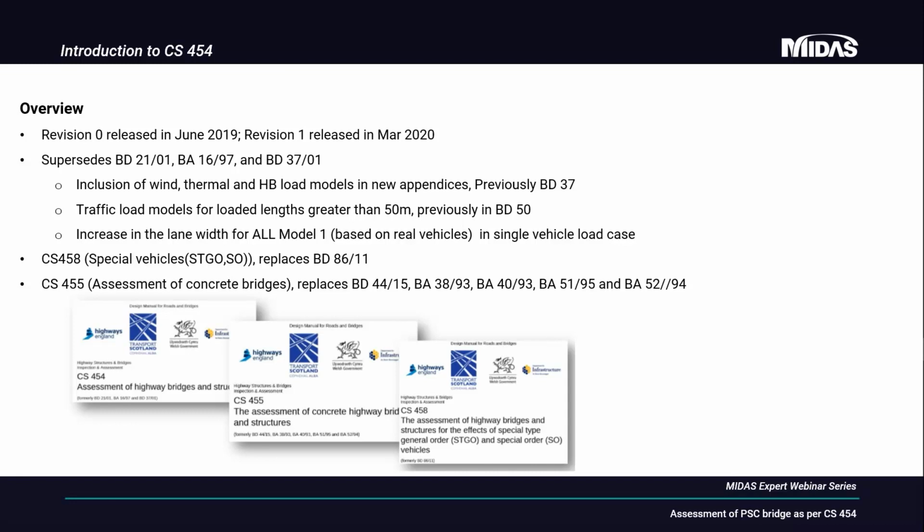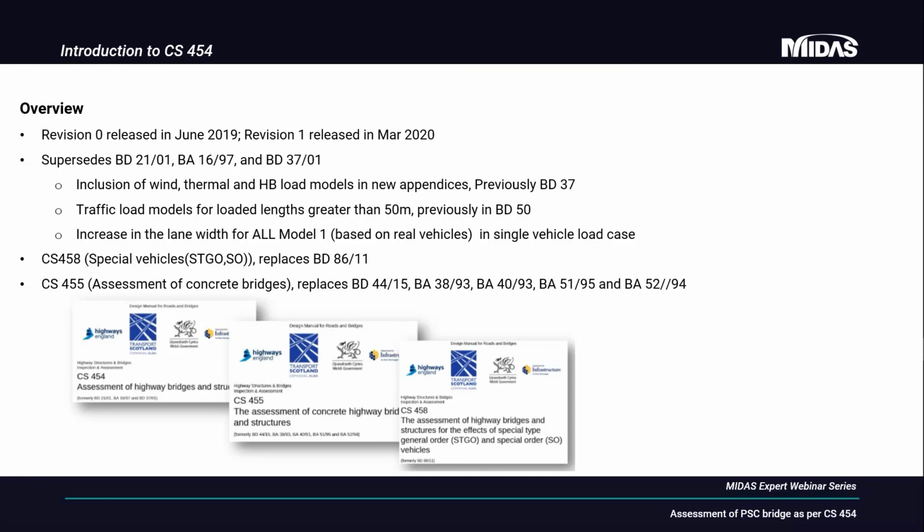Along with CS 454, additional standards such as CS 455 and CS 458 are also released, which will be used altogether for assessment of bridges. CS 458 is for special vehicles, STGO and SO, and this replaces BD 86/11.